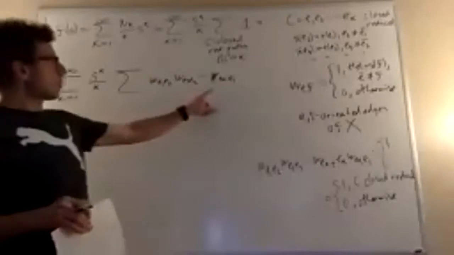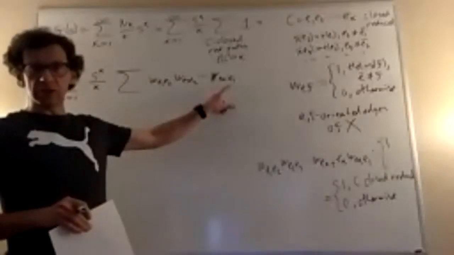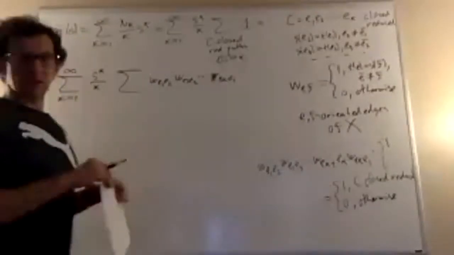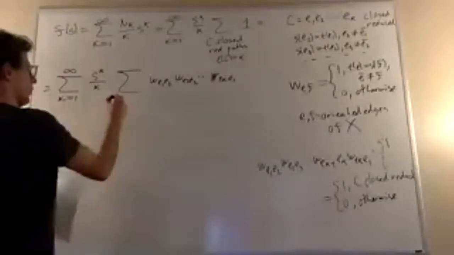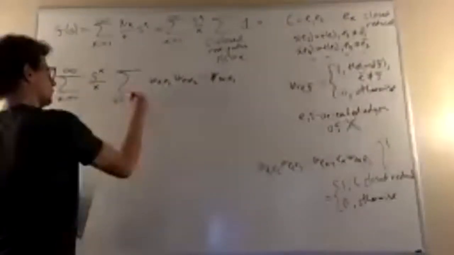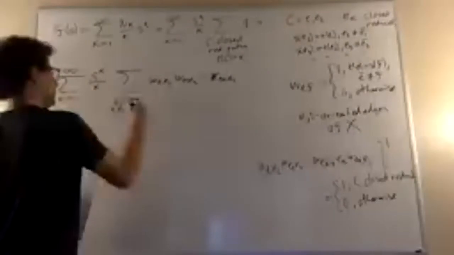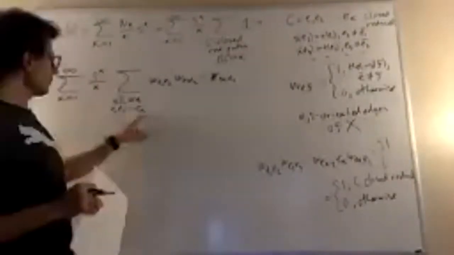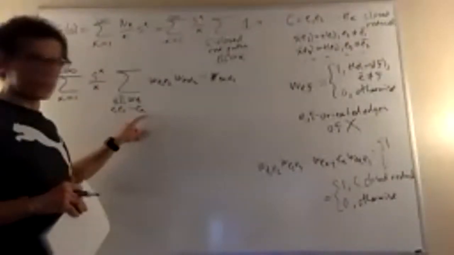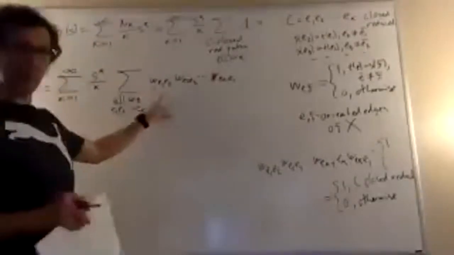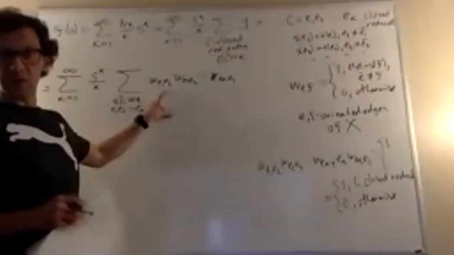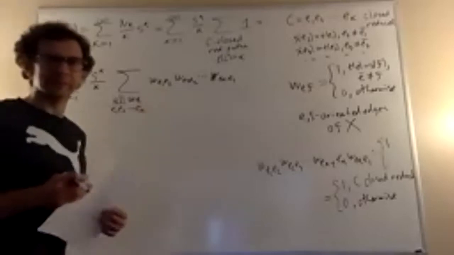And now I can sum over all possible sequences e1, e2, ..., ek. If this sequence corresponds to a closed reduced path, this quantity will be 1. If it doesn't, this quantity is 0, so it doesn't contribute to the sum.